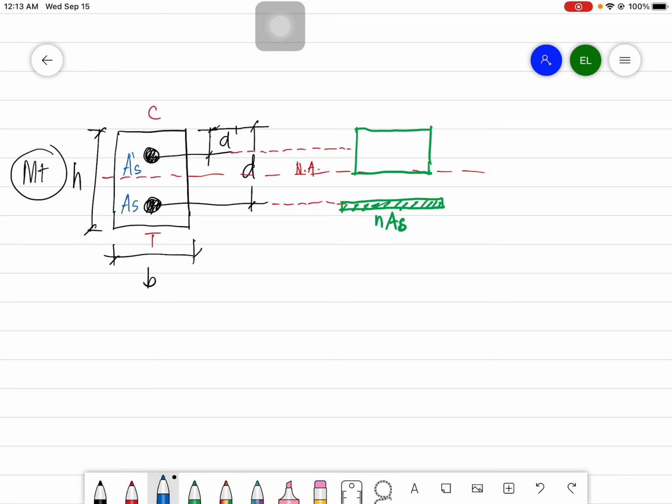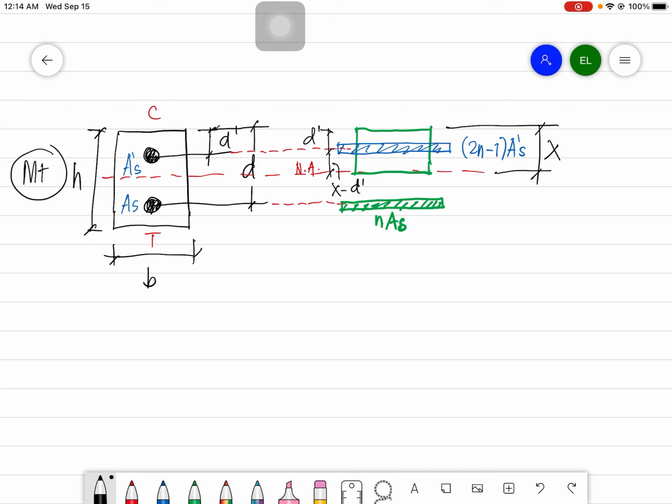Then you also have this bar here, the compression steel bar, as your (2n minus 1) times As prime. Then you will have this distance, this is your x distance. So if this is d prime, therefore from the neutral axis to the bar, your distance there is x minus d prime.